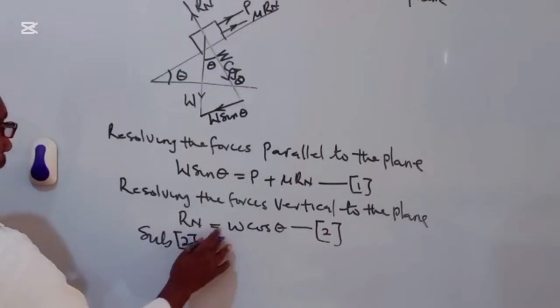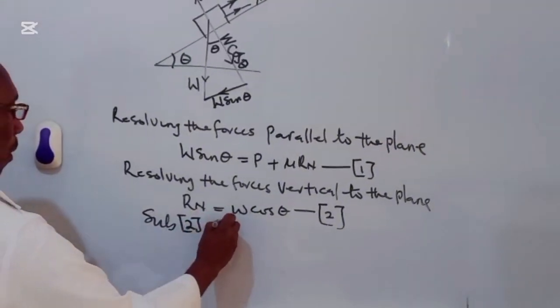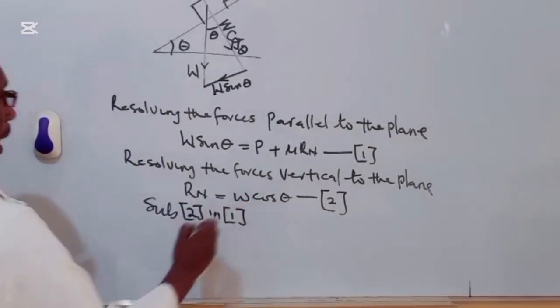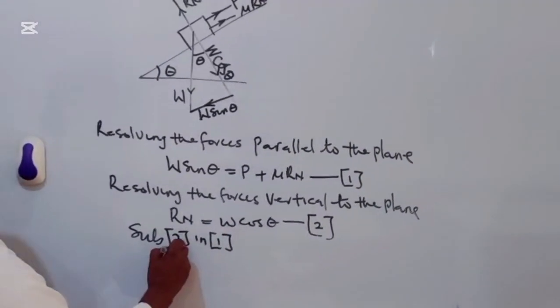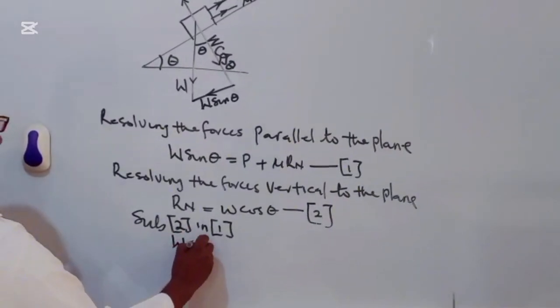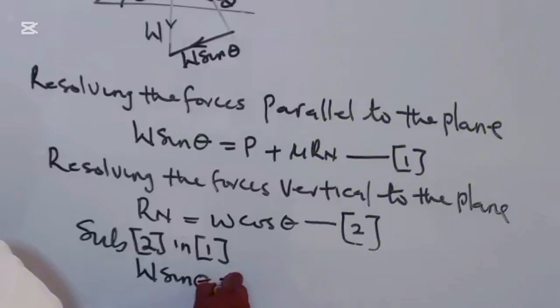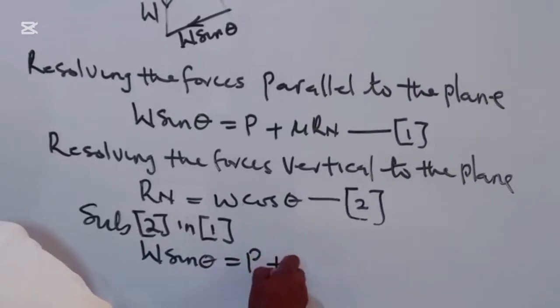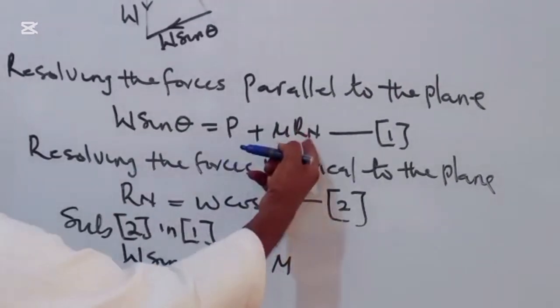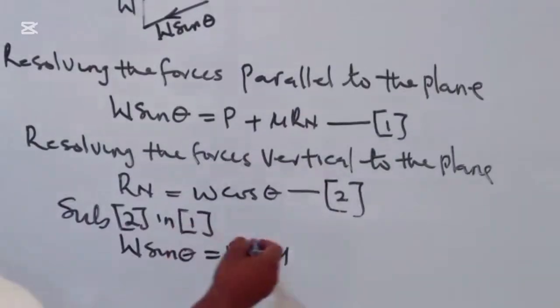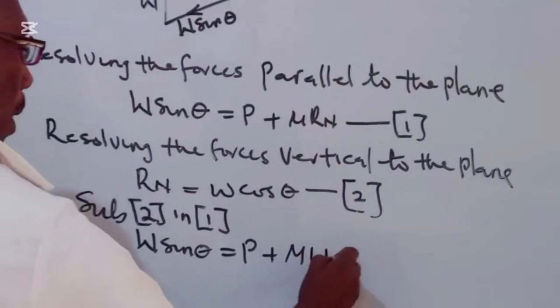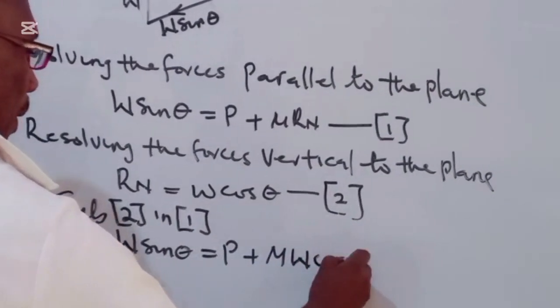We have W sine theta equals P plus mu Rn. What is Rn? Mu W cos theta.